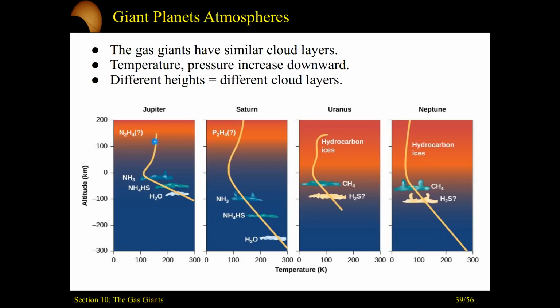These top layers may be a little bit of hydrazine versus diphosphine. But underneath that, you're going to find lots of ammonia or ammonia hydrosulfides and some water clouds. This last one here is another ammonia hydrosulfide. Jumping over to the ice planets, there's probably some hydrocarbons and, once again, some methane and hydrosulfide gas clouds.